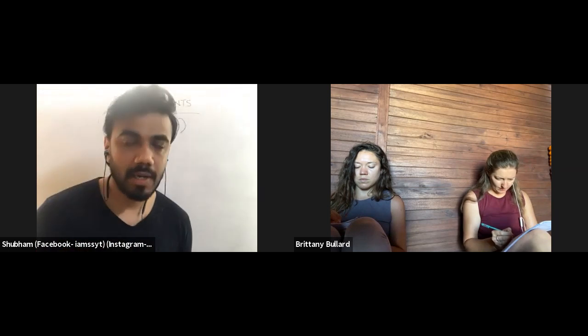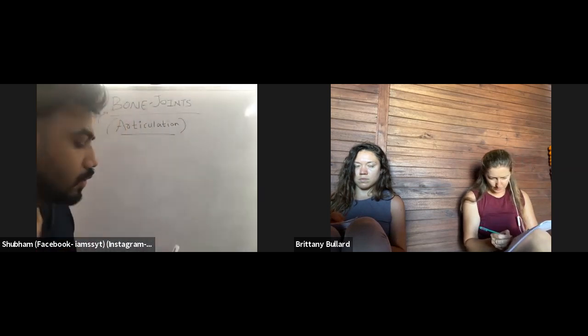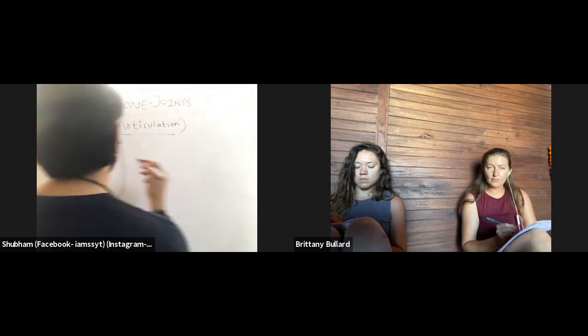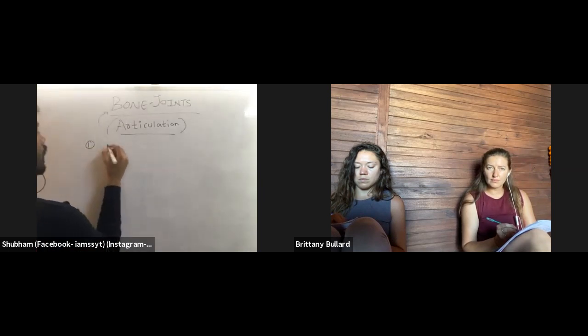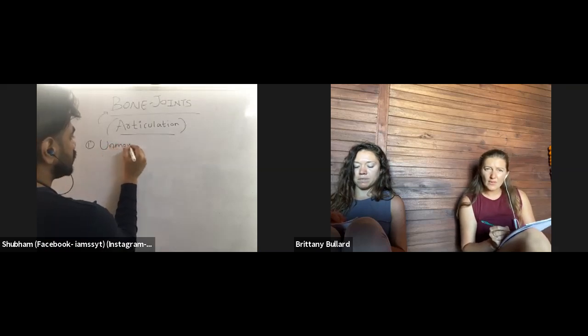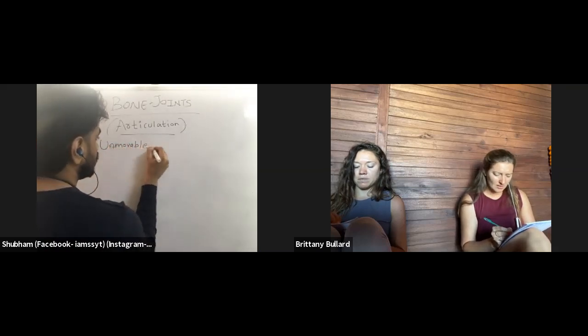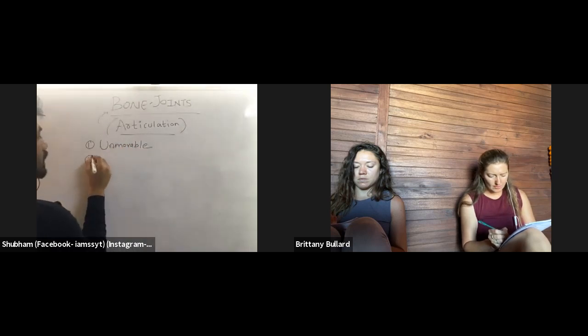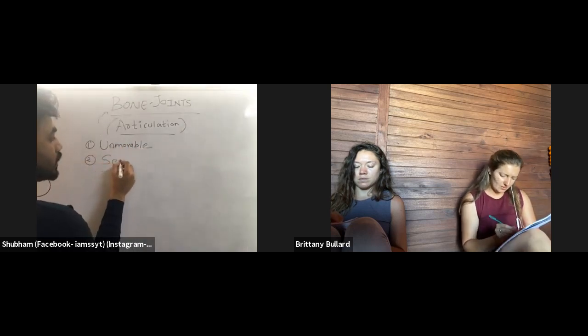In simple terms, first I will write it down. Those are unmovable bone joints, the next semi-movable bone joints.